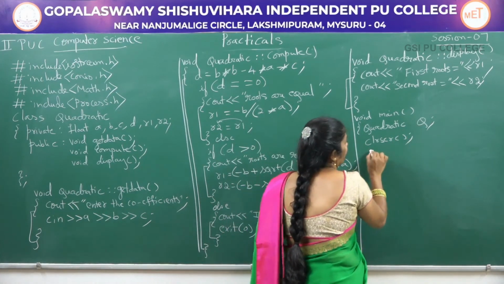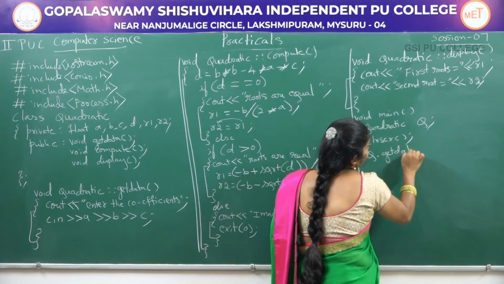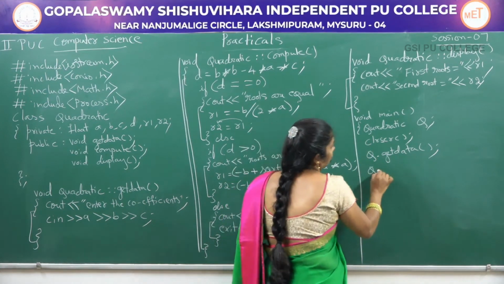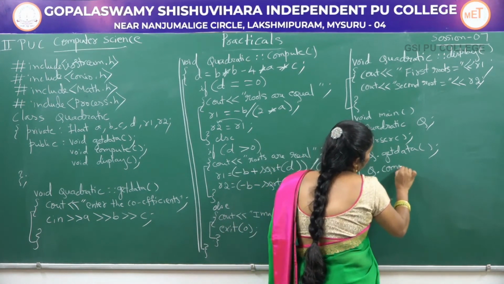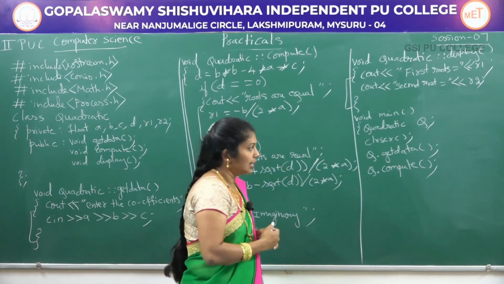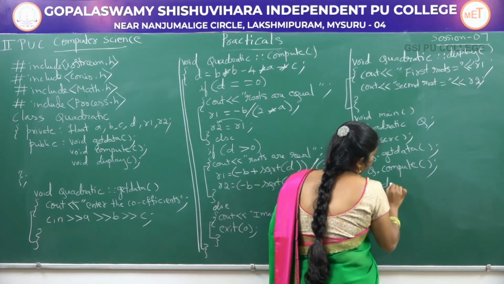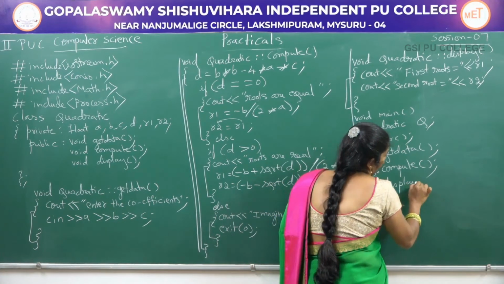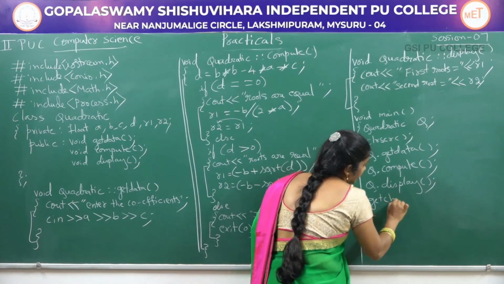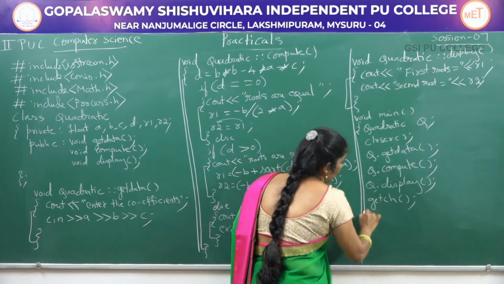Q dot get data function. Second one, Q dot compute function. The last one, that is the display function, Q dot display function. Then next getch, then close the main program which we have opened.